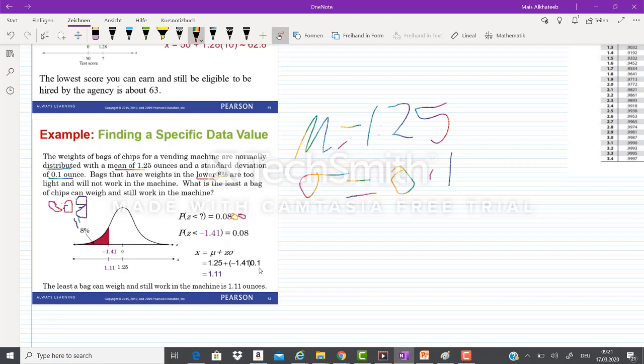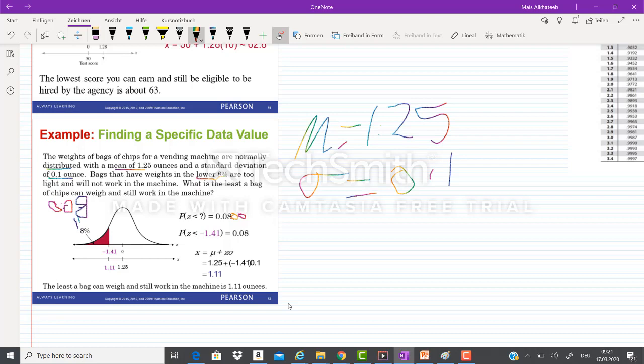The least weight of a bag that can still work in the machine is 1.11 ounces. Okay, this is the problem, and this is how I solve this problem of 5.3.